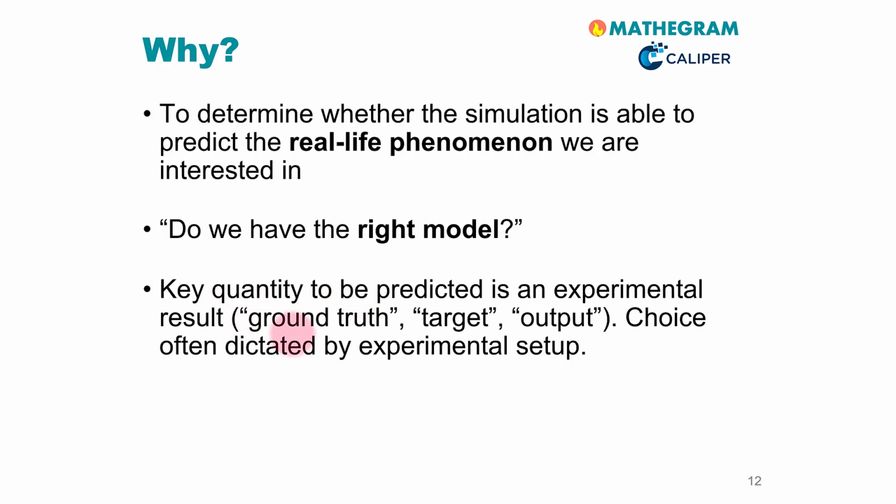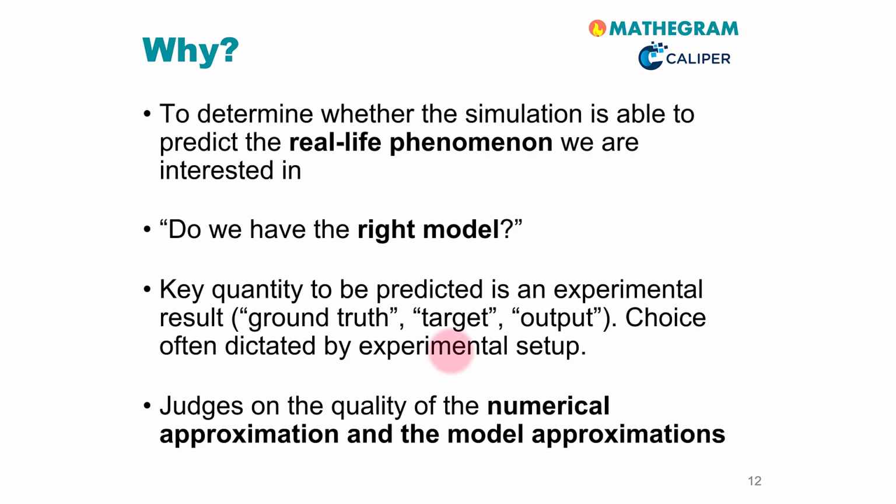This is often called the ground truth, the target, or the output. The choice of these key quantities is dictated by the experimental setup. The reason for this is obvious. We cannot measure everything in an experimental setup, but only certain quantities. In summary, validation judges on the quality of the numerical approximations that we have made and the model approximations.